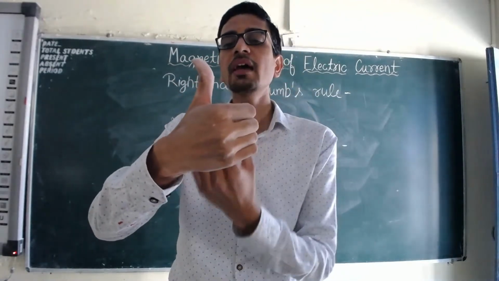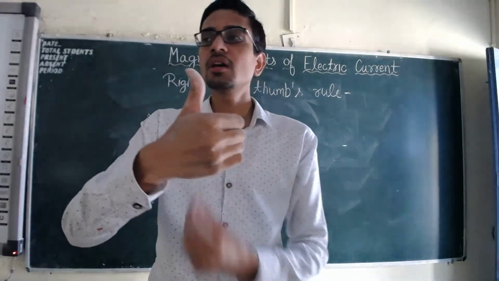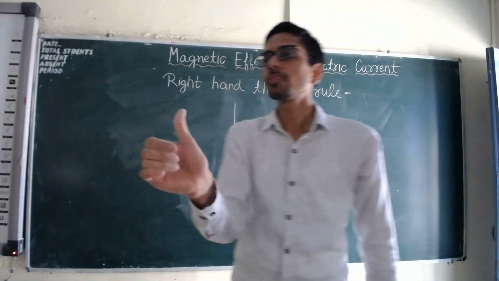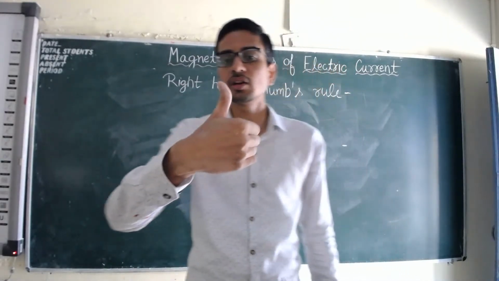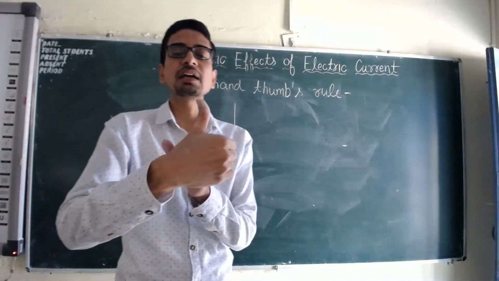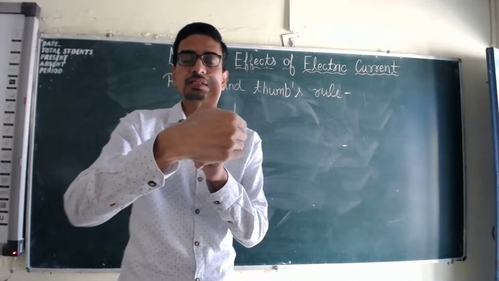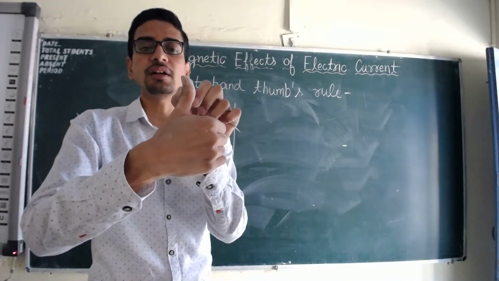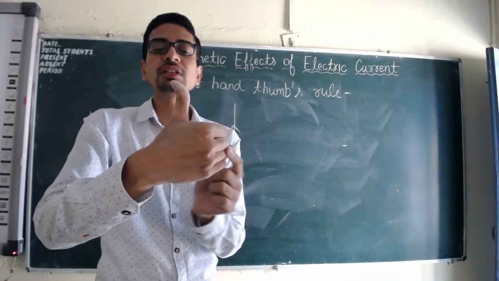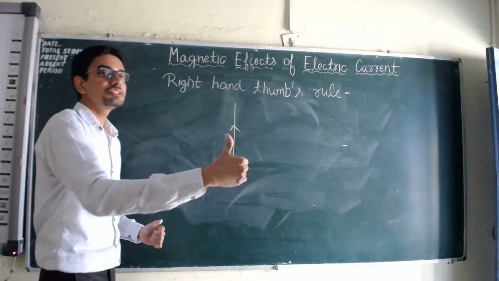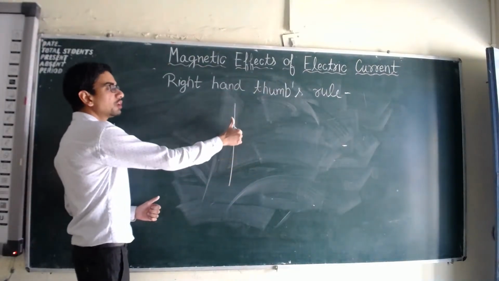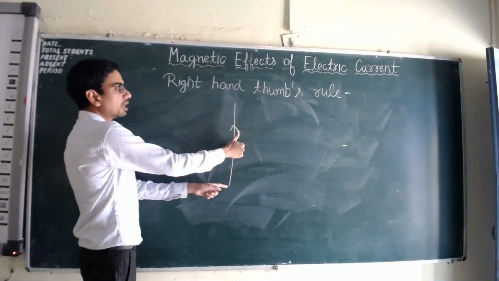Okay. आपके hand में एक wire है. You can imagine, and you can make the position of your hand like this. Okay. So the thumb shows the direction of current. This is the thumb and it is showing the direction of current, and the fingers are showing the direction of magnetic field. Okay. So imagine in this situation, the direction of current is from bottom to top, from down to up.